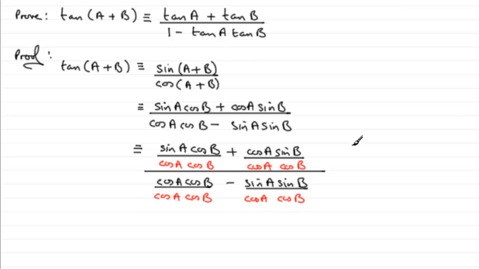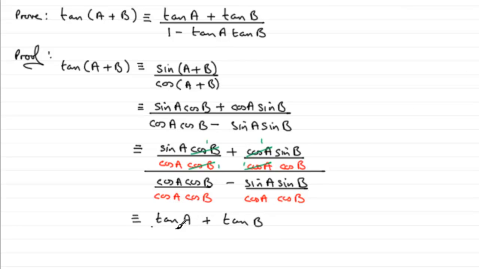So what actually happens then? Well, we can see that for this first term, cos b's cancel one another, leaving us with sine a over cos a. In other words, tan of angle A. And then we've got plus, and then for the second term, the cosine a's cancel one another out, leaving us with sine b over cos b, which is tan b.